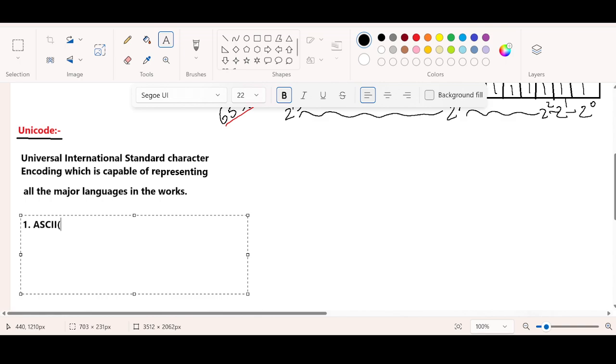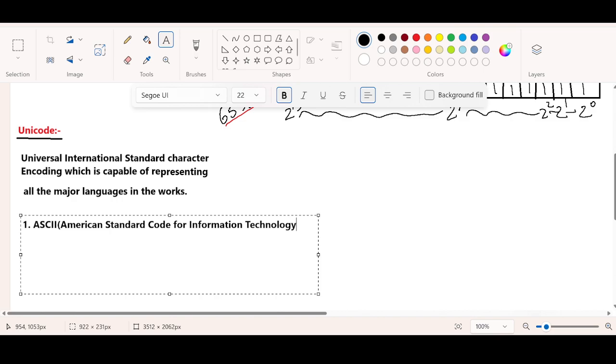It is an acronym for American Standard Code for Information Interchange. ASCII represents only English letters, English symbols, special symbols, all the English characters.